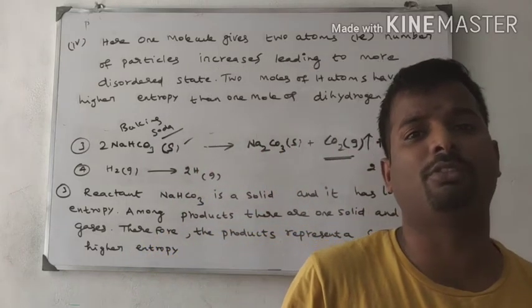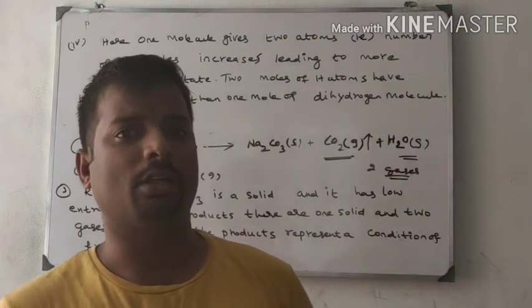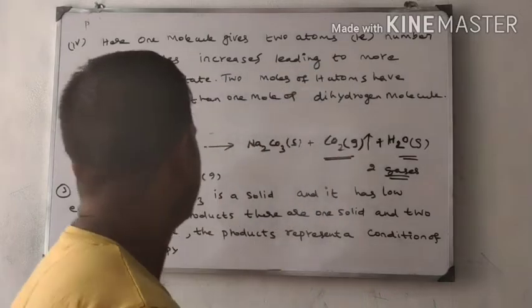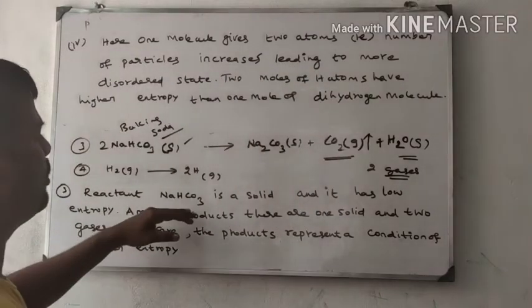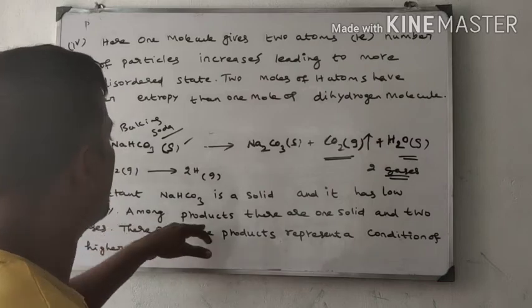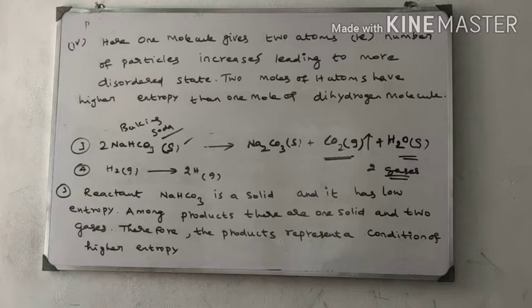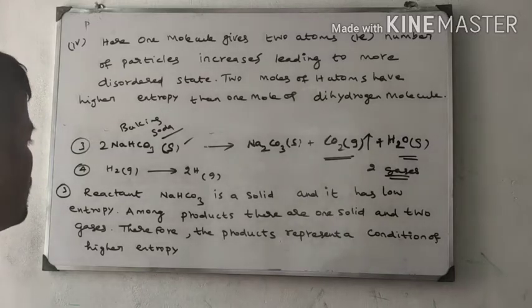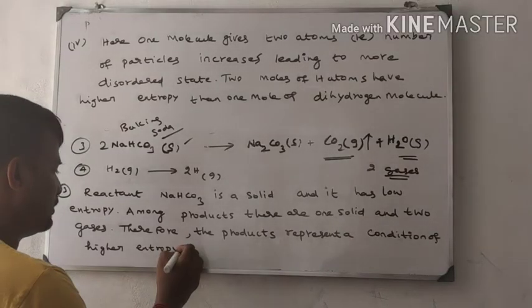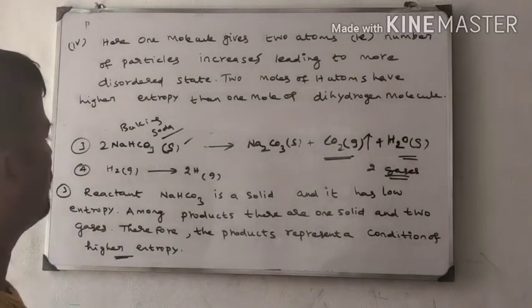Freedom of movement of atoms in gases is very high. Therefore the product represents a condition of high entropy.